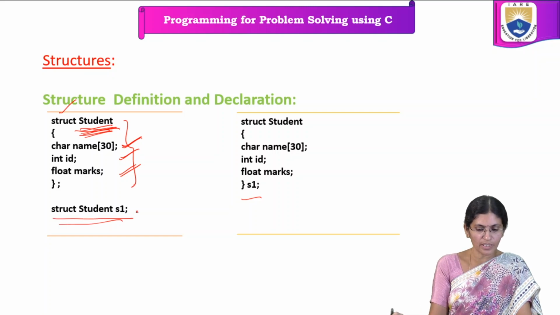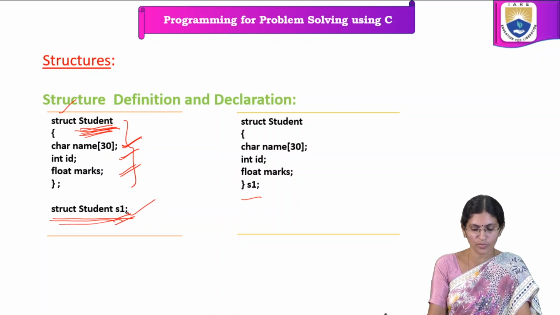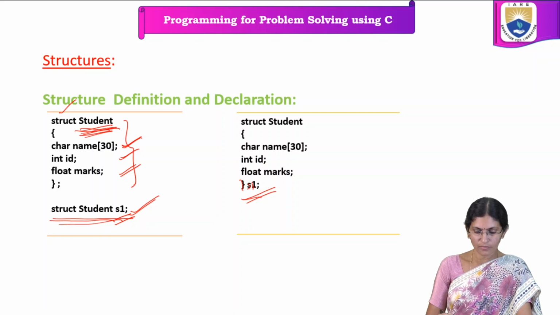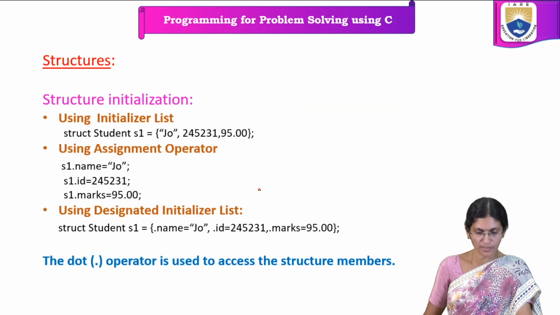This is how we can declare a structure variable. S1 is a structure variable belonging to the type struct student. This is one way of declaring a structure variable. The other way is, after the structure definition, we can specify the variable, that is S1.